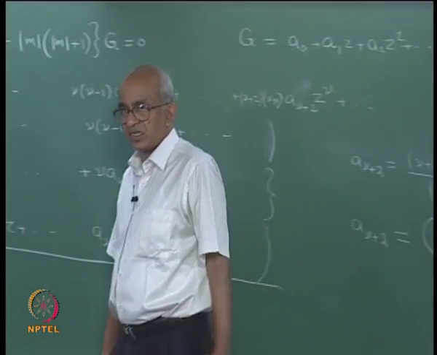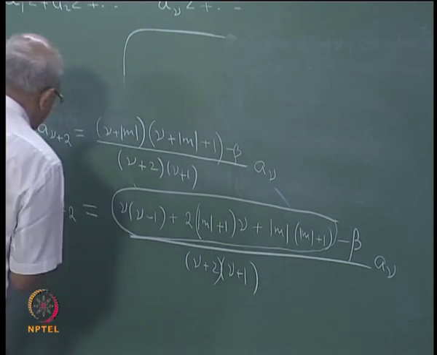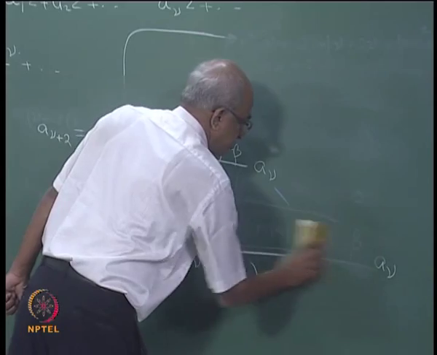So, that is the recursion relationship that I get after all these simplifications, and therefore, let me just remove this also, because ultimately this is all that we need.